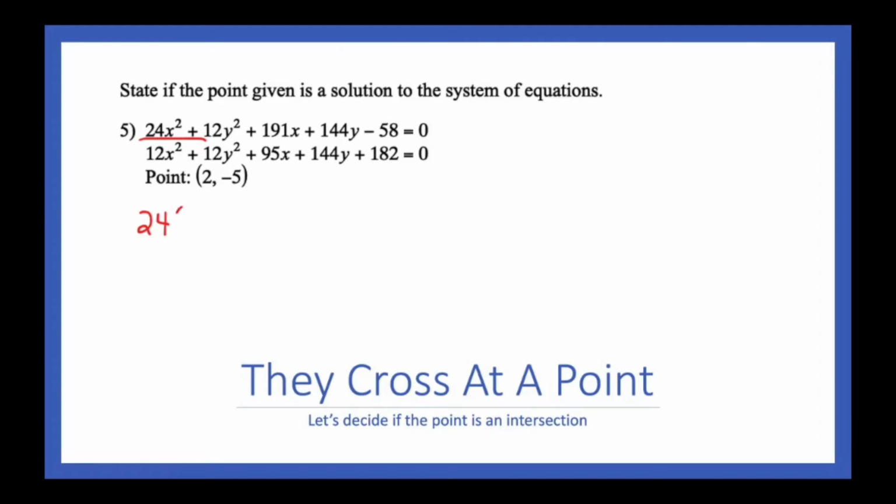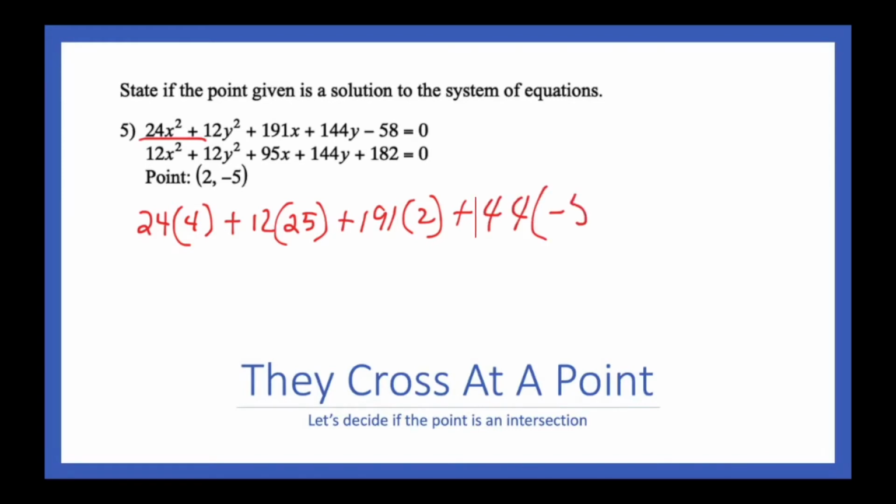I could just do the x squared will be 2 times 2, which is 4, plus 12 times y squared, and -5 times -5 is positive 25, plus 191 times x, which is 2, plus 144 times the y of -5, and -58. Let's see if that does equal 0.